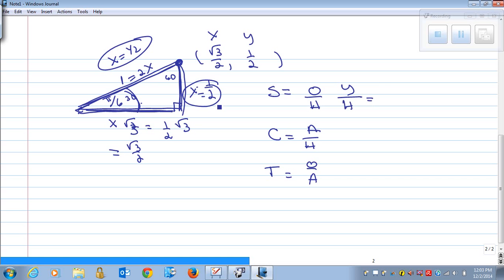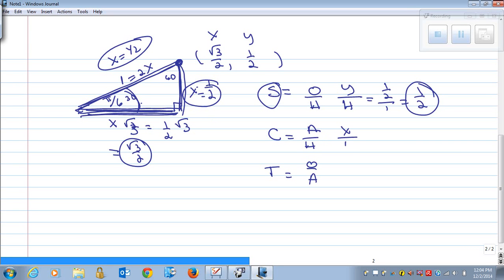The y value happens to be 1/2, but it's divided by 1, which would equal just 1/2. So sine is equal to 1/2. For cosine, it's the adjacent side, which is our x value, over the hypotenuse. That's the square root of 3 over 2, but the hypotenuse is 1, so it would just be the square root of 3 over 2. So cosine is the square root of 3 over 2. So x is cosine and y is sine.